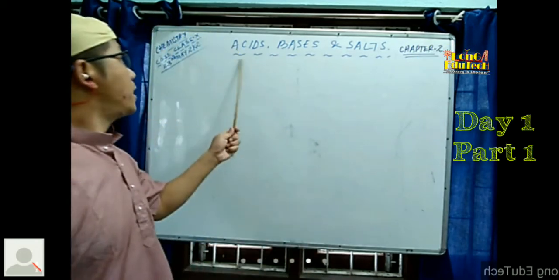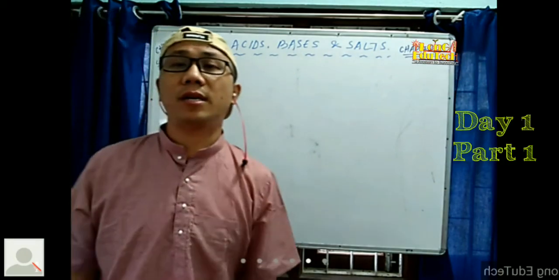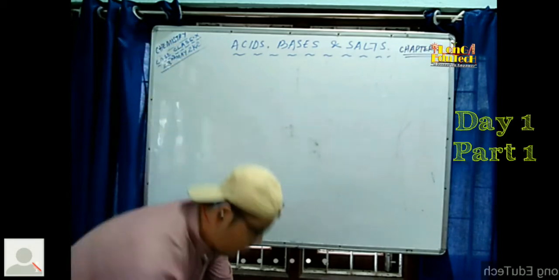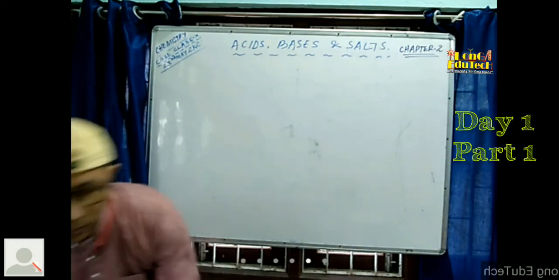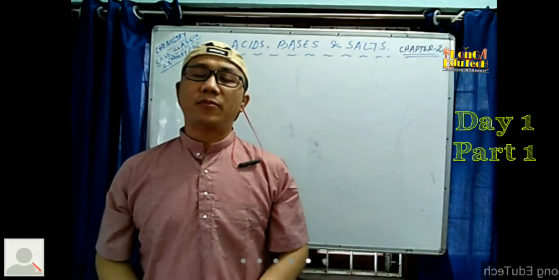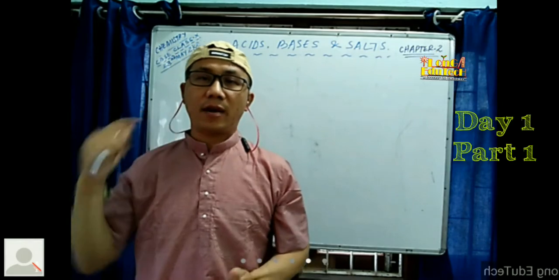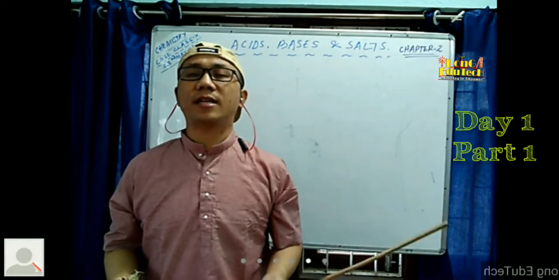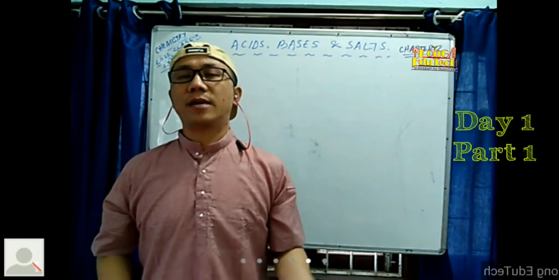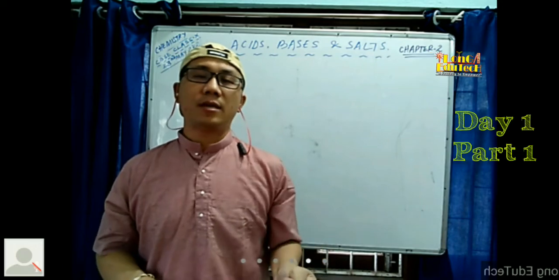Acids. Before going to the base and the salt, we'll learn about the acids first. What are acids? That you have to know. In our day-to-day life, we come across different kinds of tastes in our food. Some are salty, some are sour, some are bitter, some are sweet.